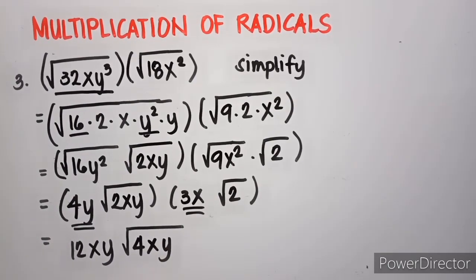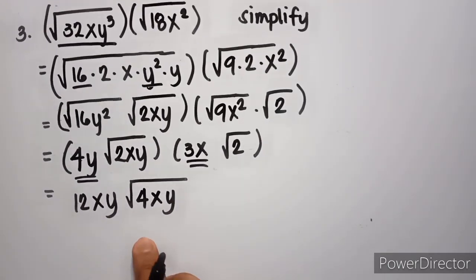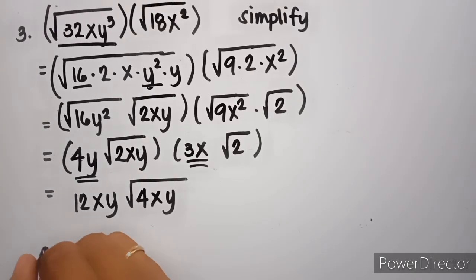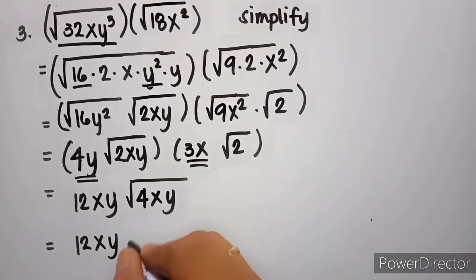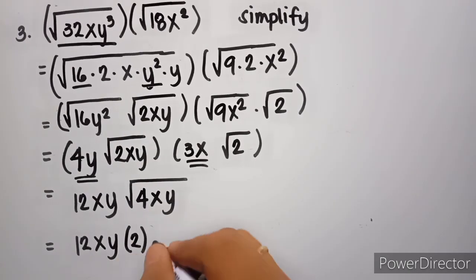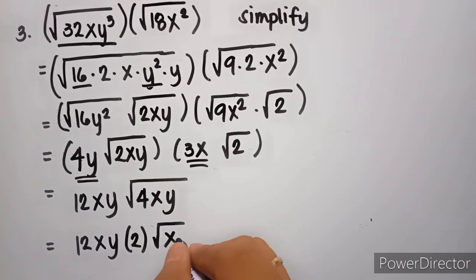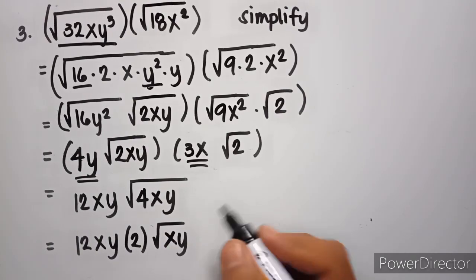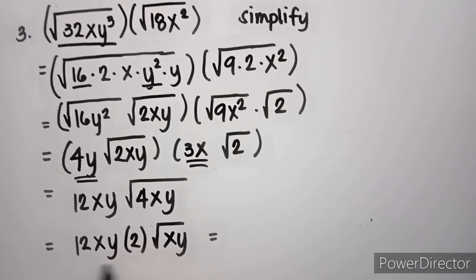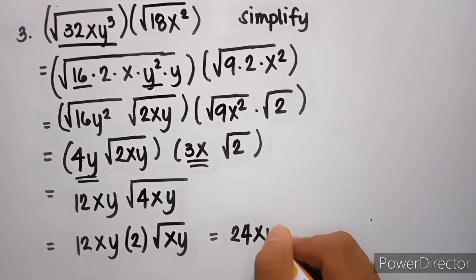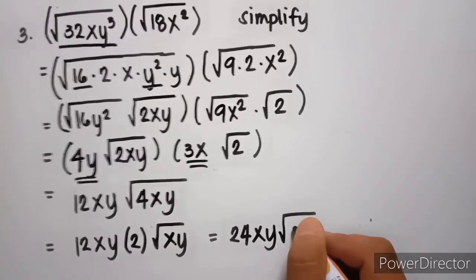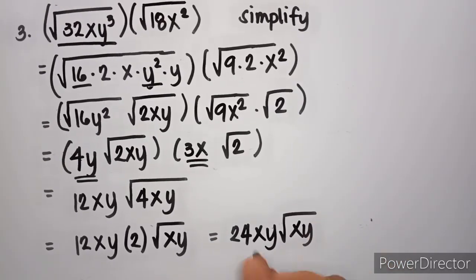So, since ang 4 ay may square root, pwede pa natin siyang i-simplify. So, that is 12xy. Square root ng 4 ay 2. Then, square root of xy. Okay, so the answer here is 12 times 2, that is 24xy square root of xy.